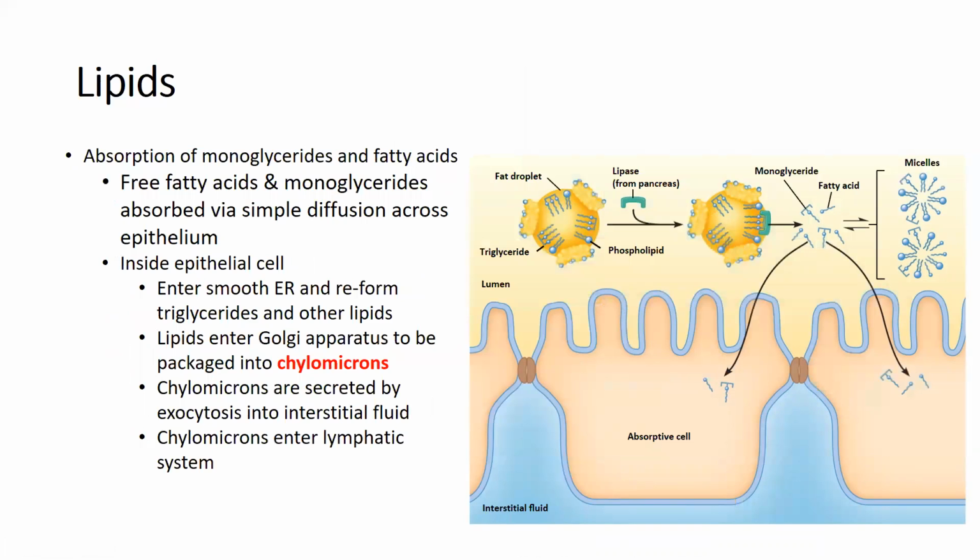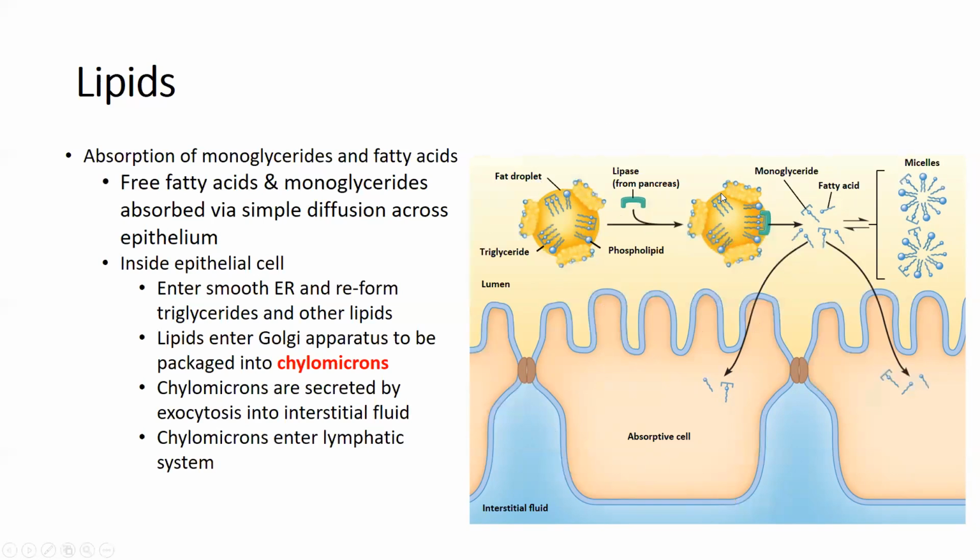So let's talk about how fat moves across the epithelial cell, how it's absorbed. So free fatty acids and monoglycerides can move freely by simple diffusion. They do not need any sort of transporter to move into the cell. Once they're inside the cell, they are then repackaged, right? They travel to the Golgi apparatus. Right, so we have this large fat droplet here, which is made of triglycerides. So those are complex fatty molecules.